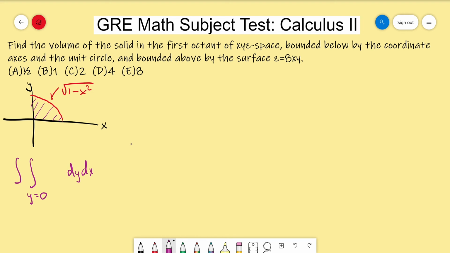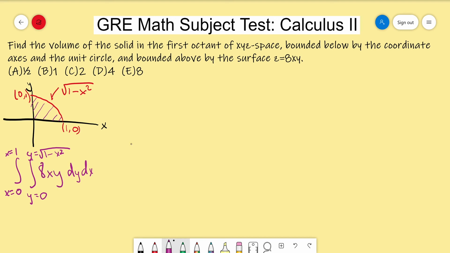So we're going to write y equals 0 to y equals the square root of 1 minus x squared as our bounds, and then x is going to go from 0 to 1, x equals 0 to x equals 1. And then the function that we're integrating is z equals 8xy. So that's going to be in here, 8xy.